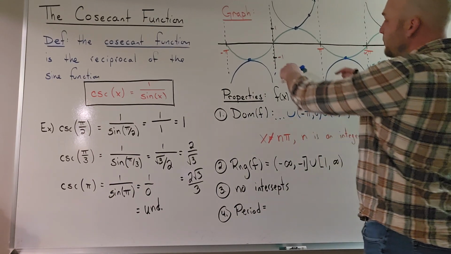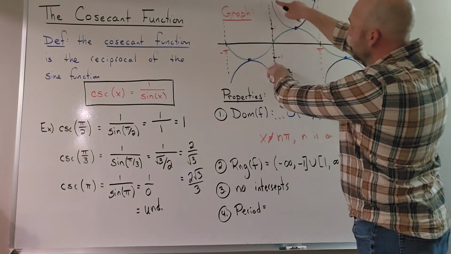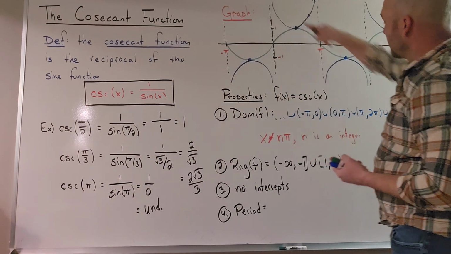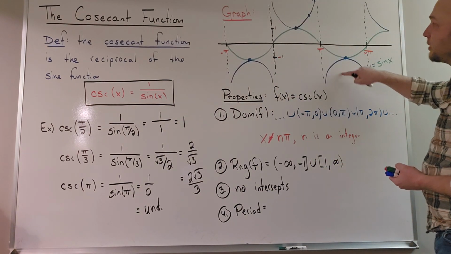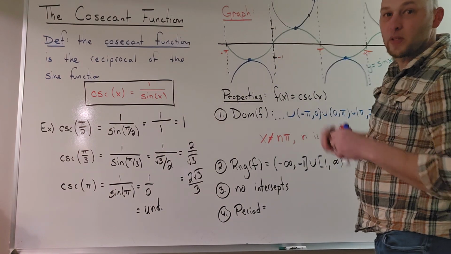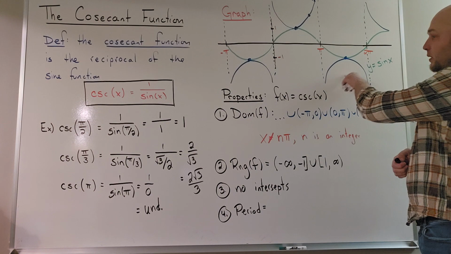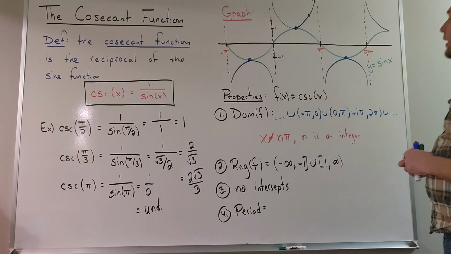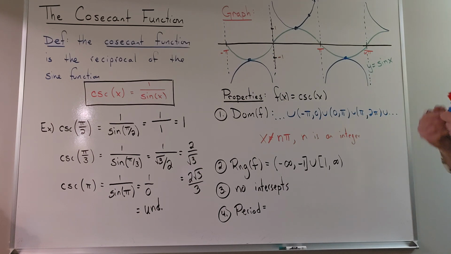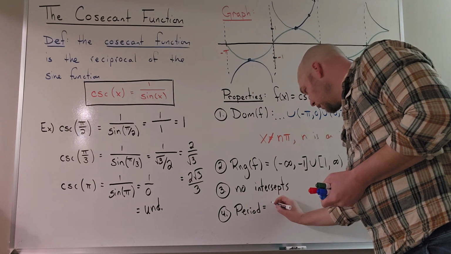Certainly if I was to go just between 0 and pi, that would just give me this part of the graph. Well, we can see that this and this keep repeating. So what I need to incorporate is this parabola that opens upwards, this parabola that opens downwards. Again, to abuse the language there, that means I have to go from 0 to 2 pi. Therefore, the period is 2 pi.